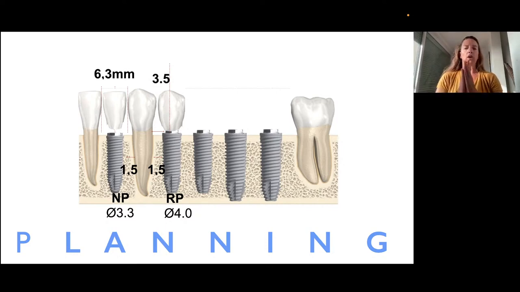I have to see, if I want to put this implant, where can I start to drill? So I have to count 2 millimeters, which is the middle of my implant, plus the 1.5, which is the distance that afterwards I will have to have between the implant and the neighboring tooth, okay? So I measure 3.5 millimeters, and this is where I start my drilling. So this is very important.